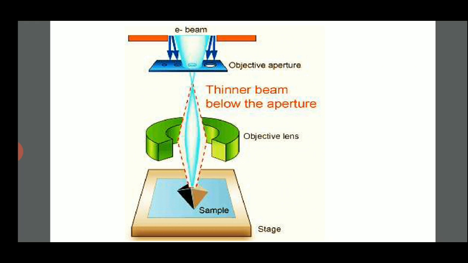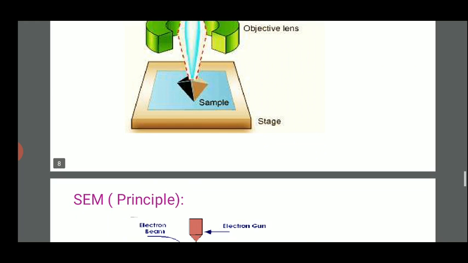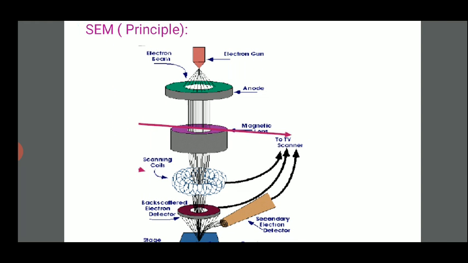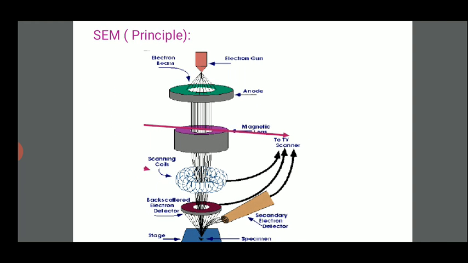that the secondary electrons which are scattered will be captured by the detector. So that we will get from the next figure. This figure clearly shows the principle of working of the scanning electron microscope.